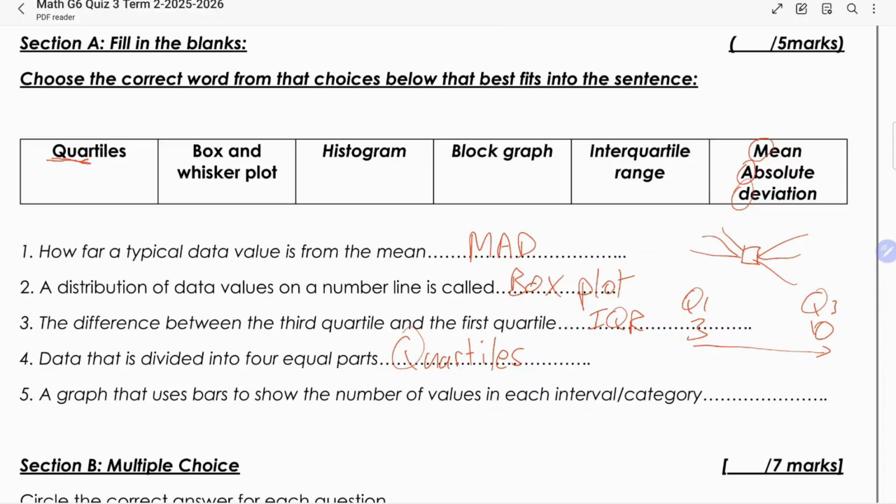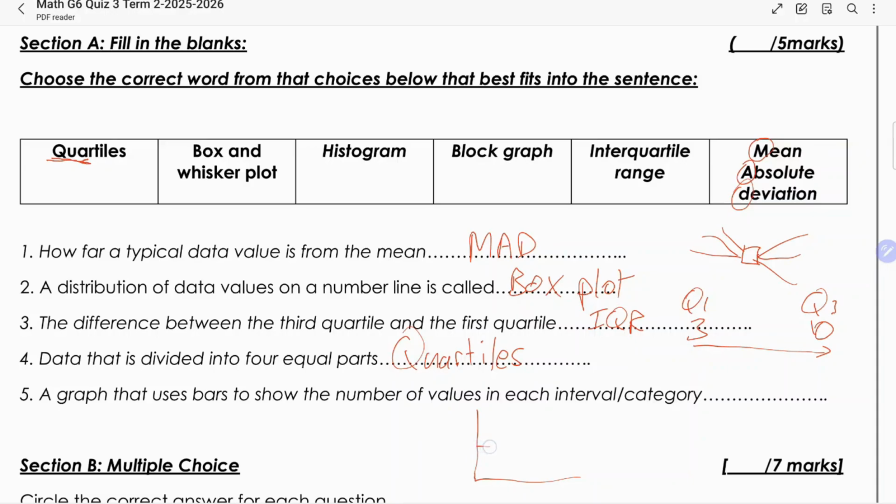Number 5, a graph that uses bars to show the number of values in each interval category. Now, if we have a graph and we have bars that are rectangular, I know some people, at the end of the paper, drew a histogram, and they drew some very imaginative shapes that I've never seen in my life before.